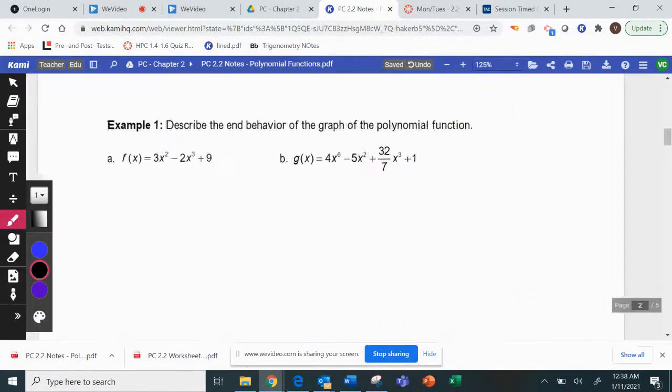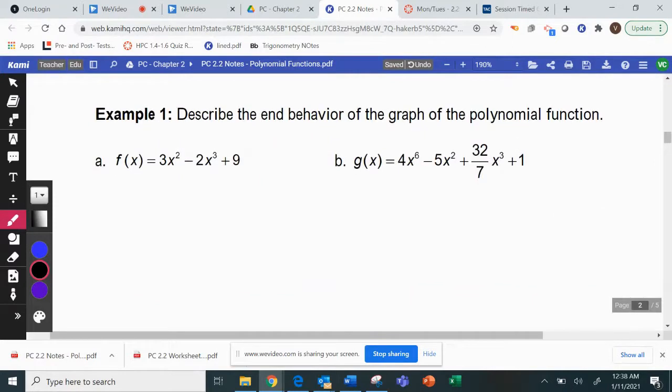So here's 2 examples. We're going to describe the end behavior. So if I look at the first one, I have to find the degree. And the degree is the highest exponent in the terms. So I'm looking at my terms. My highest exponent is not the first one. Looks like this is not in the order that I would typically write my trinomial.